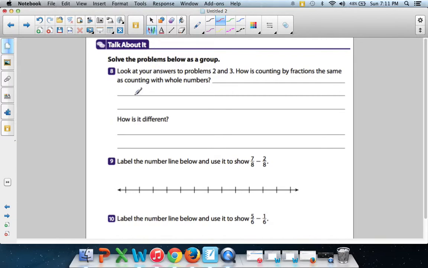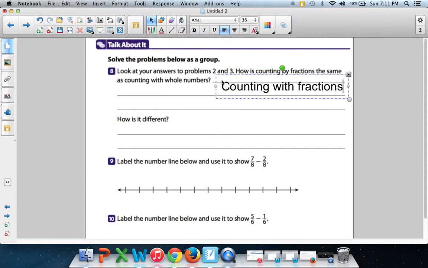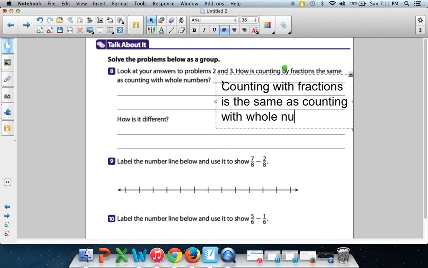Let's solve some problems. Look at your answer to problems 2 and 3. You did that last night for homework. How is counting by fractions the same as counting with whole numbers? That's a great question.